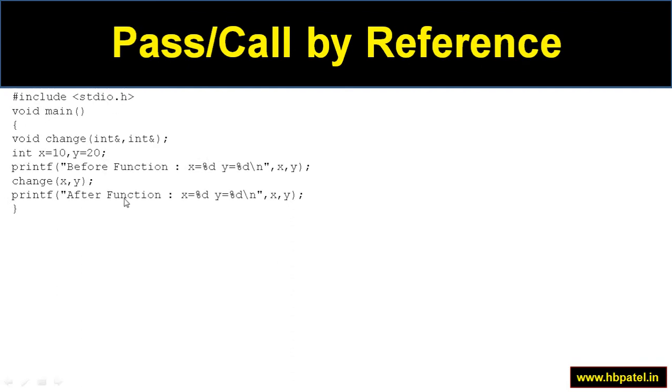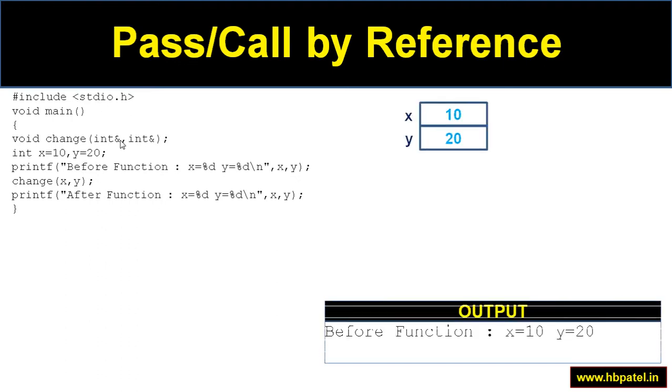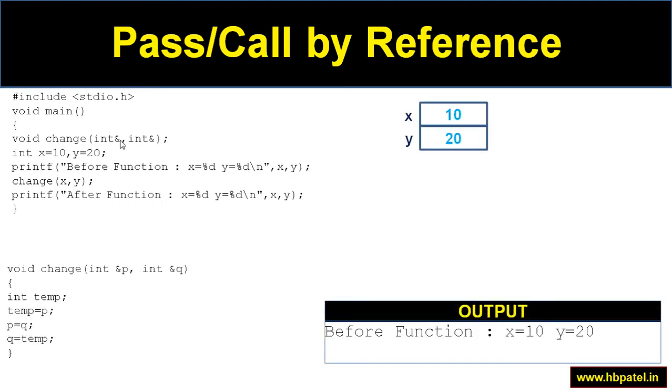There are some syntactical things that we need to understand in this case. If you want to pass by reference, you will specify int ampersand, int ampersand. So this is nothing but the reference syntax. For calling you use the same syntax, change(x, y). For calling it is not an issue, but for declaration and for definition we need to specify this ampersand, which you need to remember. So now this x and y are 10 and 20.